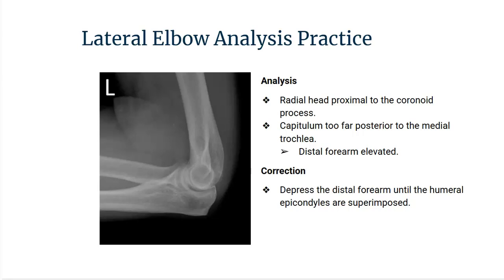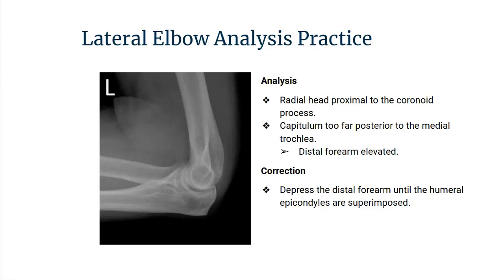However, we still have some type of positioning error happening. When analyzing, the position of the radial head is proximal to the coronoid process. It almost looks like it's pushed up into the joint space. The capitulum is too far posterior to the medial trochlea.